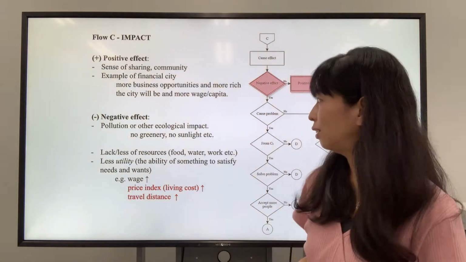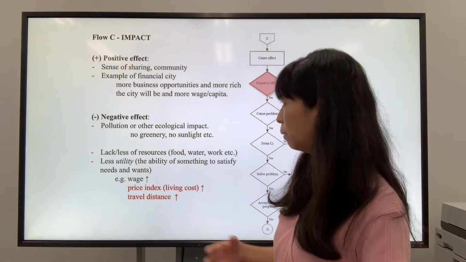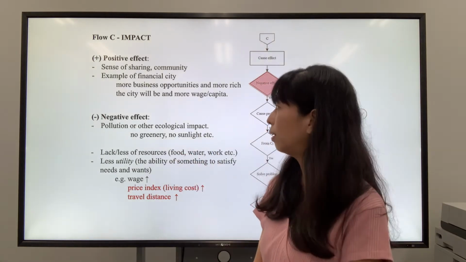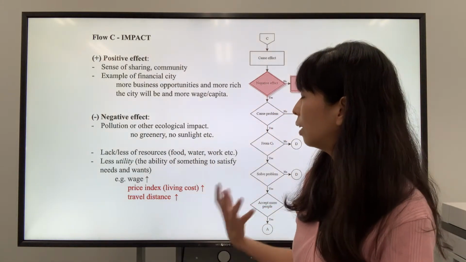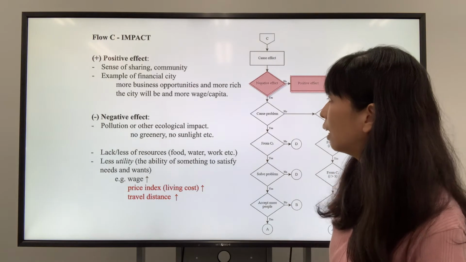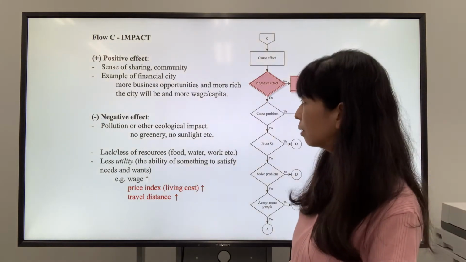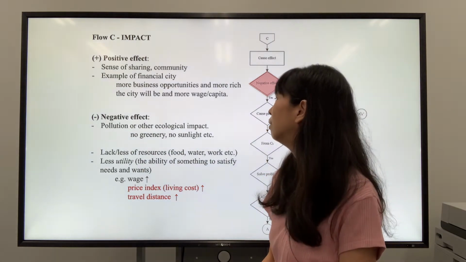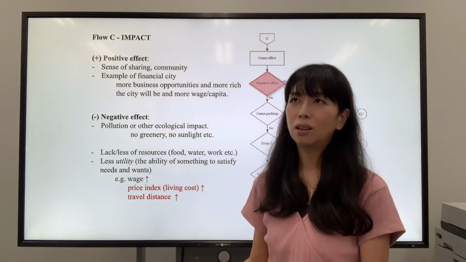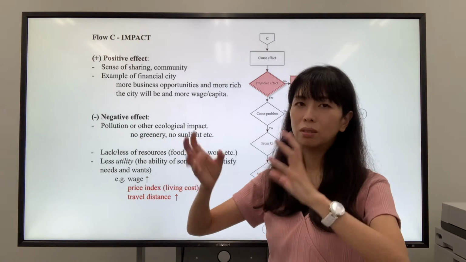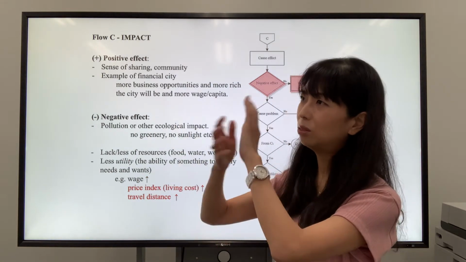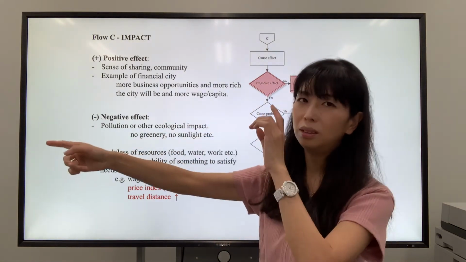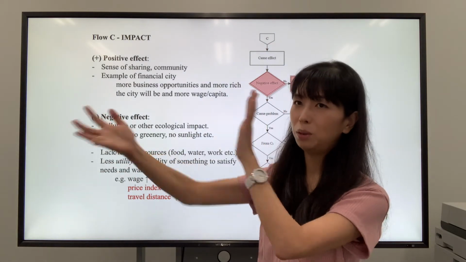The negative effect that you can think of is perhaps because of too many people living there. You can have pollution, or you can have other ecological impacts. For example, you may not have enough greenery, or you may not have enough sunlight. So when the cities are built so densely, out of your window, you might see directly some other people's window.